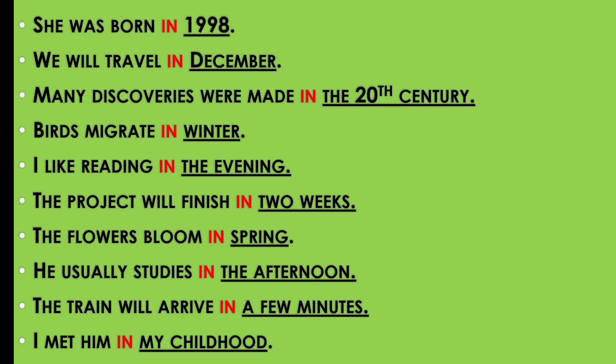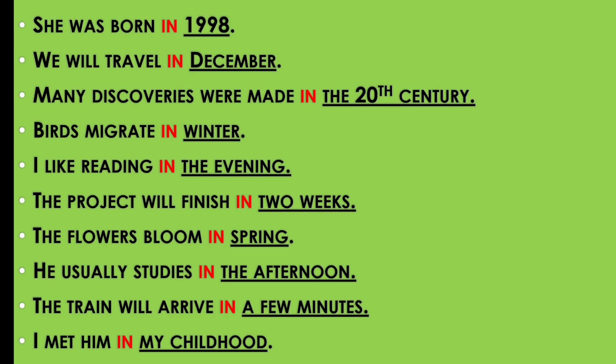Just look at the underlined words. 1998, it shows a longer period. December, it shows a longer period. The 20th century, it shows a longer period. Winter, it shows a longer period. The evening, it shows a longer period, and it is a part of the day. 2 weeks, it shows a longer period. Spring is a season, it shows a longer period. The afternoon, it shows a longer period.